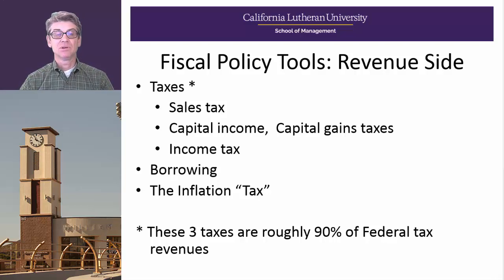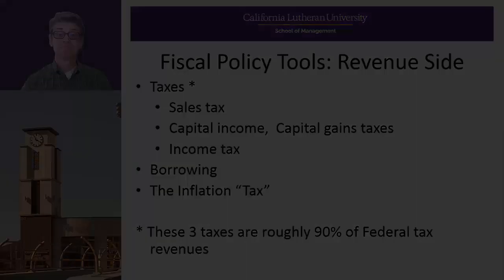It's really a state or mostly a state revenue source, not so much a federal revenue source. And so we're focusing on federal, and these are the big dogs: the sales tax, the capital gains or capital income tax, and the income tax. Then we'll talk about borrowing, and we'll talk about something called the inflation tax.